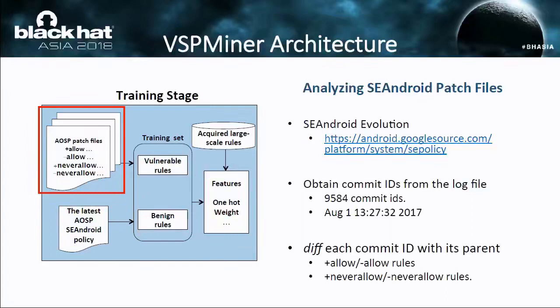The end time in our work is August 1st last year, and we have nearly 10,000 commit IDs. For each commit ID, we diff it with its parent, and we extract added allow rules, deleted allow rules, added neverallow rules, and deleted neverallow rules.